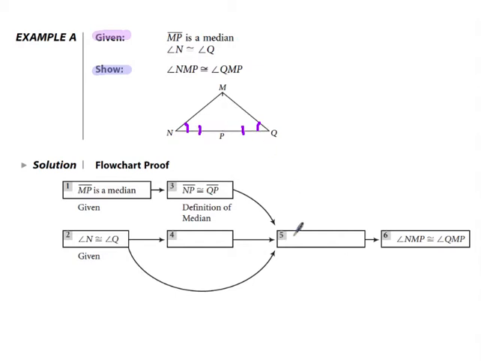Line N and line Q, is it another side? By me getting rid of that, that showed you something else. If those two angles are the same, what can we conclude? NM and QM are the same. So MN is congruent to MQ. Reason being, that's the converse of the isosceles triangle conjecture.